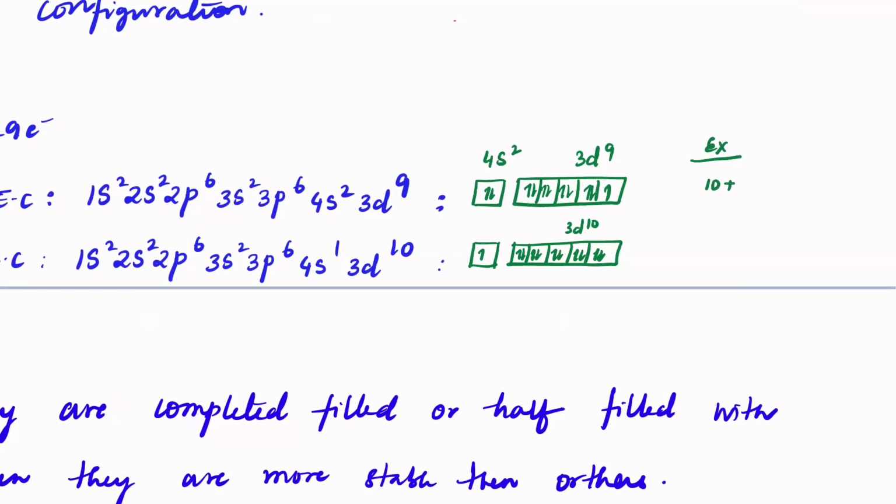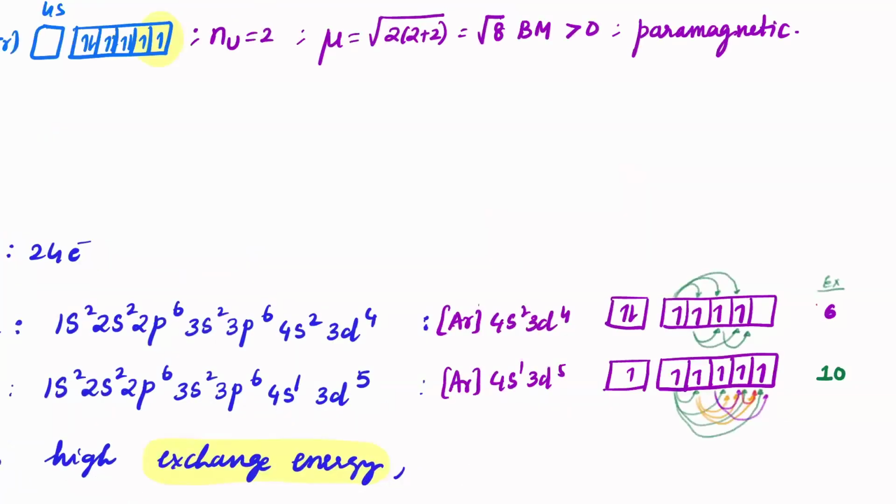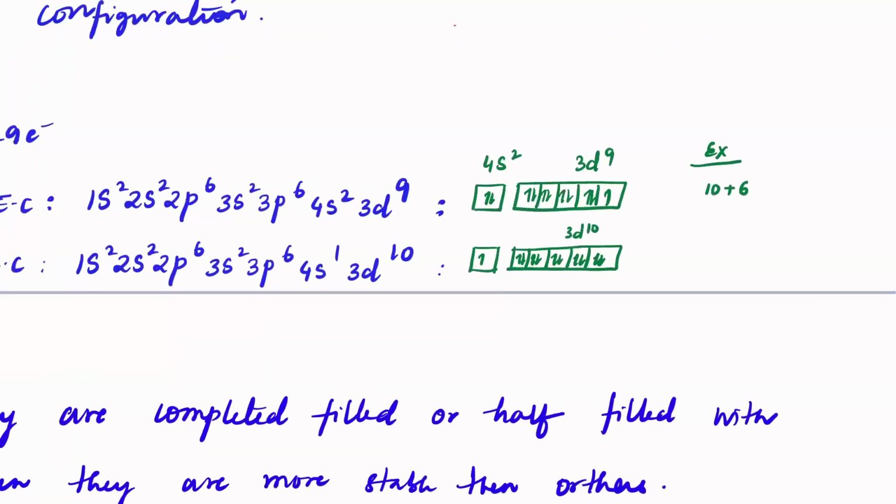All the anti-clockwise ones, we get 6 exchanges. That we have learned, right? When you have 4 electrons, we get 6 exchanges. When you have 5 electrons, we get 10 exchanges. So that means a total of 16 exchanges. But when you have all the d orbitals filled, then you'll have 10 plus 10, total 20. So 20 exchanges are possible.